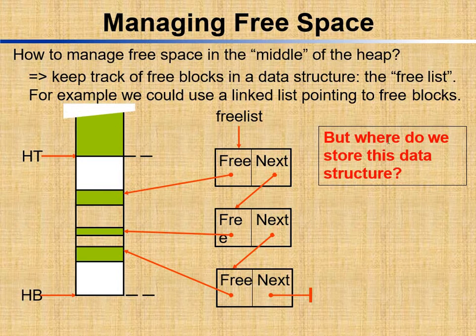For example, we could use a linked list pointing to the free blocks: the next of this one will point to this free block, and the next of this one will point to the next. So in the heap also we can create a linked list of free blocks, like in the stack where we freed the space outside the stack top.